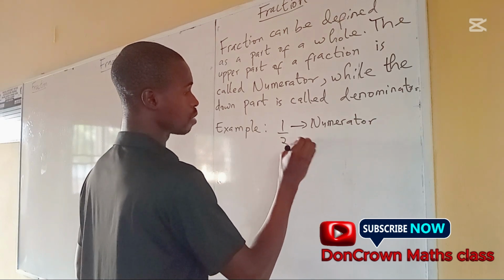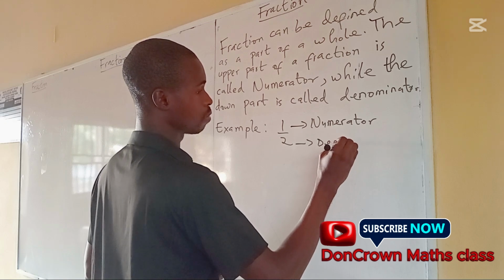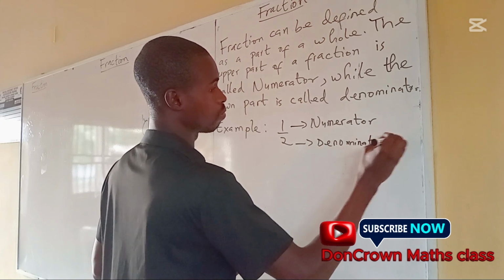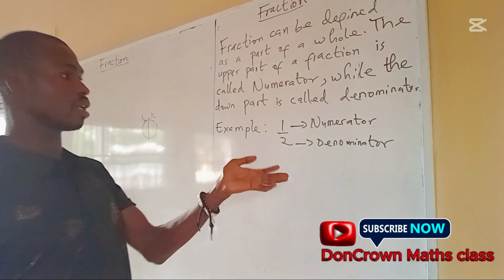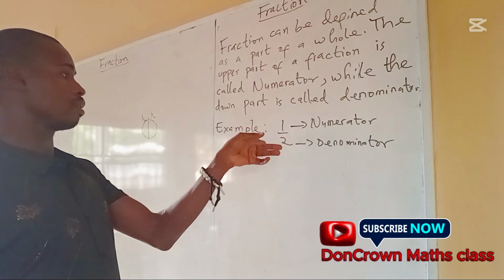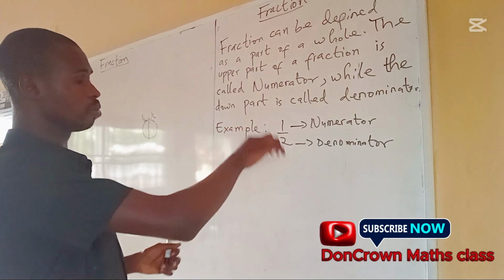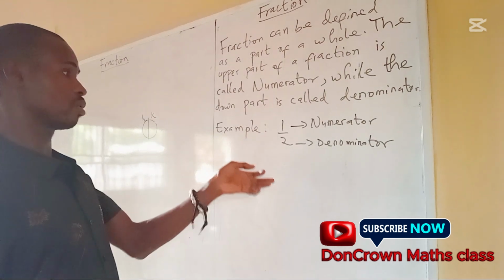This down part is called the denominator. I'm just trying to show you the parts of the fraction.